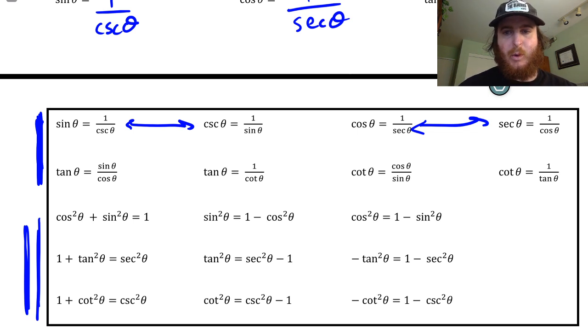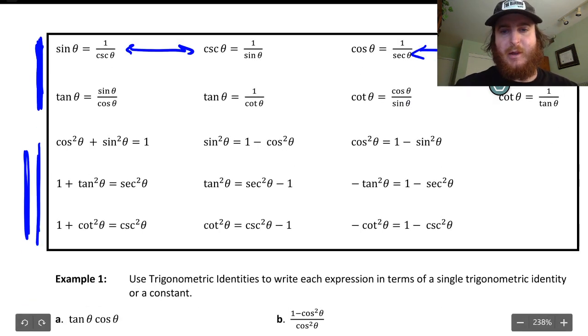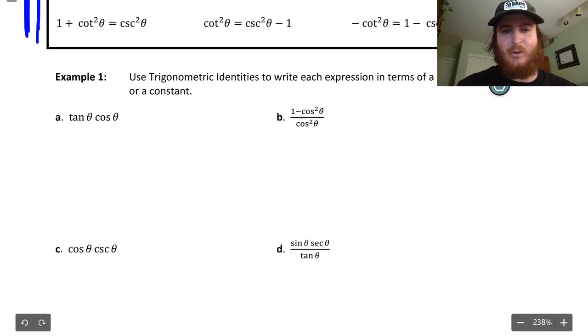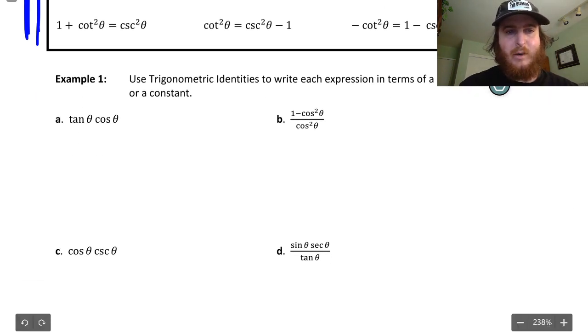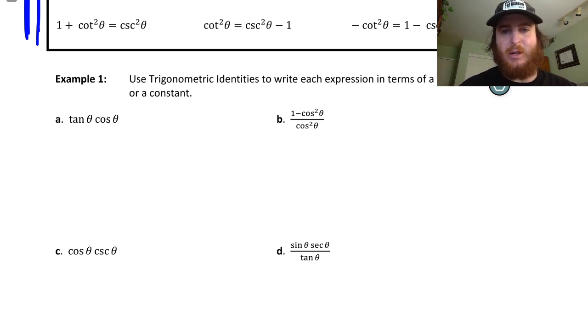Okay? And so what we're going to do in our homework is we're going to use these identities to essentially just simplify trig and write it easier. And that's something that on the AP test, sometimes we might have to do a little bit of, not a whole lot. Okay, so it's a little bit like a puzzle. At first, you're going to be like, Mr. Dewar, I have no idea how you're doing this or what to do, or like there isn't really a guide of what step to do next.